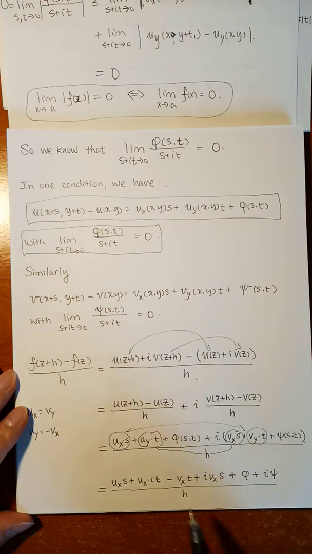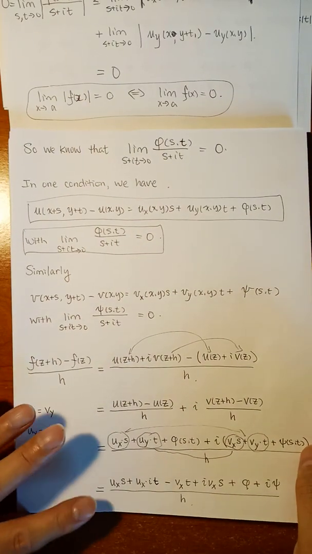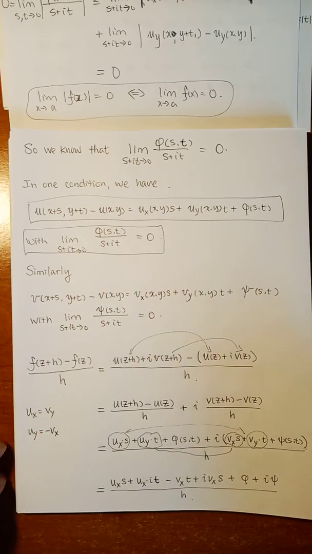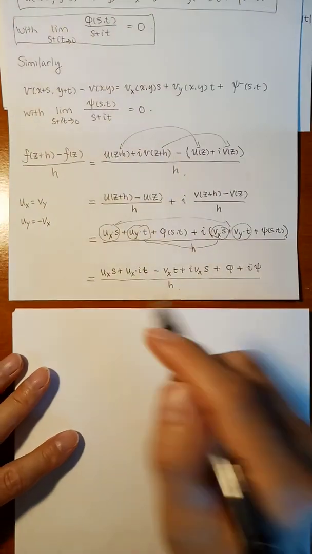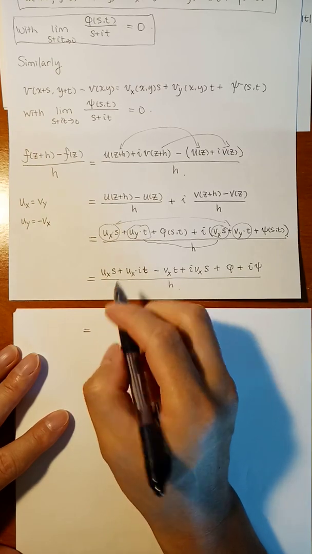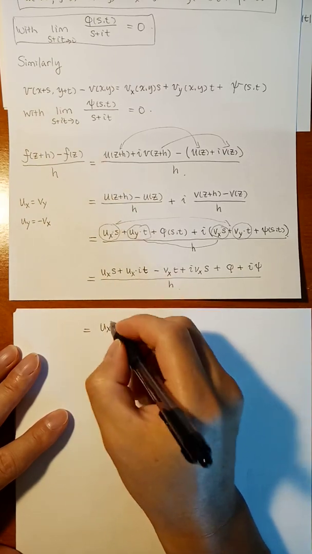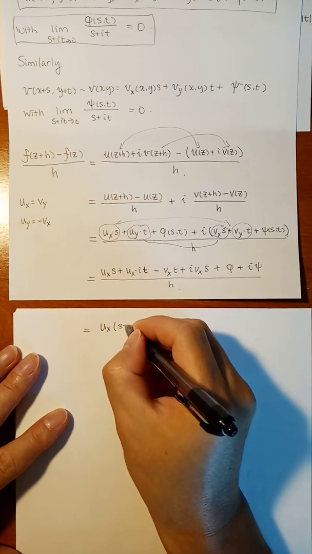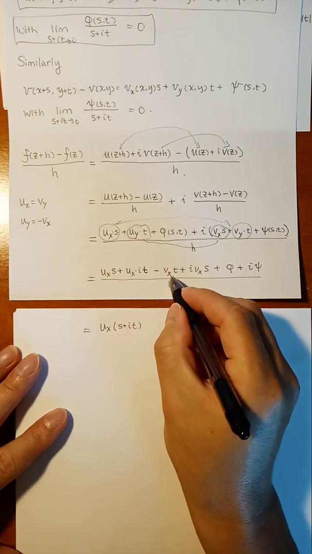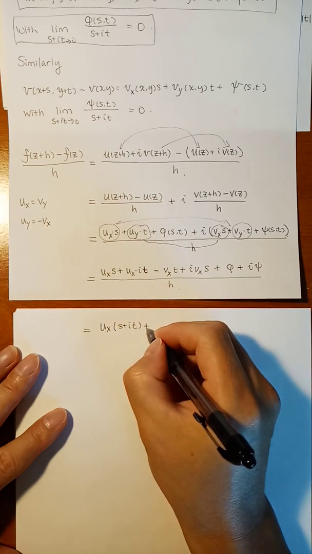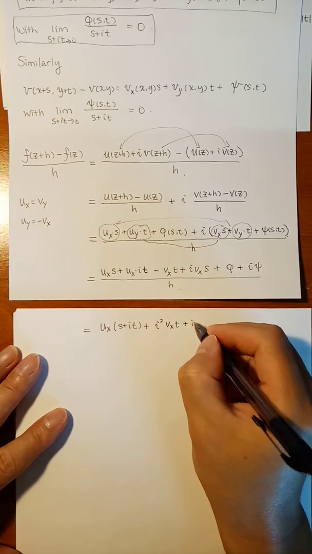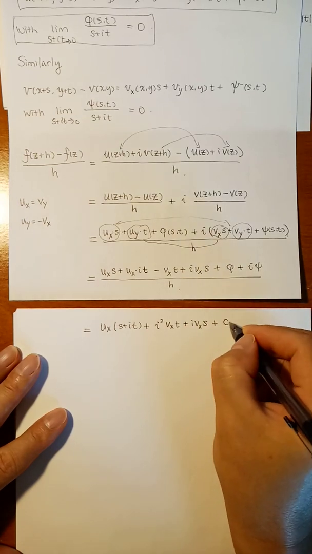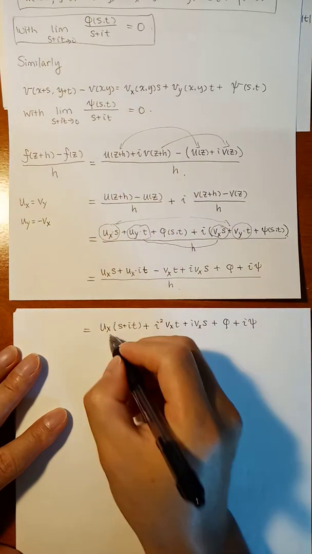So we have 6 terms. And let's continue. This is the place we use the Cauchy-Riemann equation. Okay, now let's try it. Continue: u_x times (s plus it), and s plus it is h. v_x is negative, negative becomes plus i squared, v_x t, plus i v_x s, plus phi plus i psi.